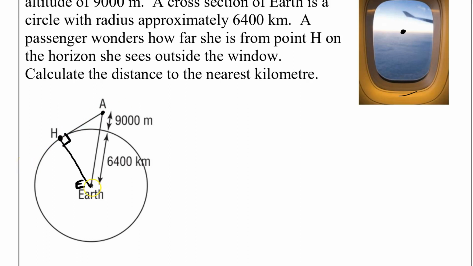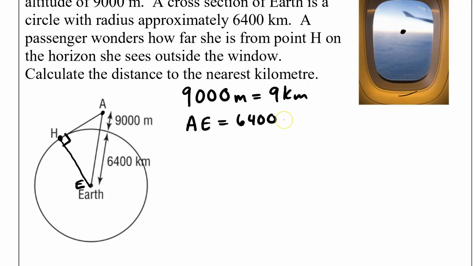I want to figure out the length of EA, because we have 6,400 kilometers, and we have 9,000 meters. So it's important to know that 9,000 meters is just 9 kilometers. We have to get into the same units. So the length of AE is going to be 6,400, sorry if I said 64,000 before, plus 9.